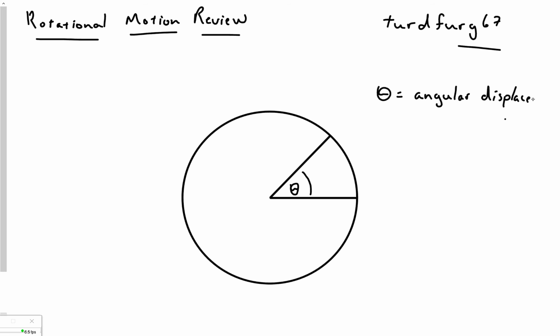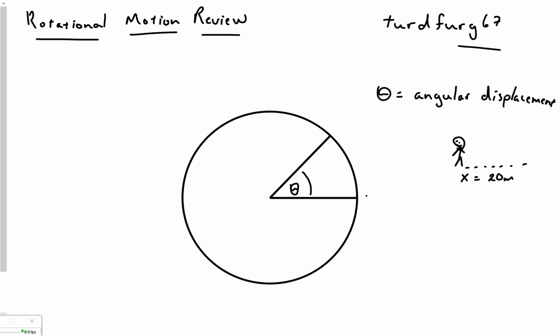Just like you might see a problem where somebody walks through the woods, and it might say they walk 20 meters. Maybe they have shortness of breath. But anyway, they walk 20 meters, and we'd say this person has a displacement X of maybe 20 meters as they walk through the woods.